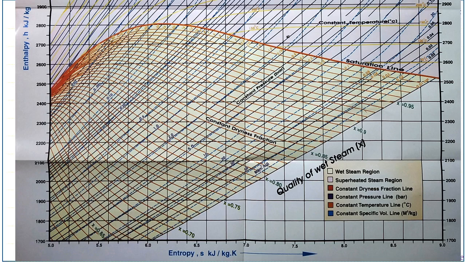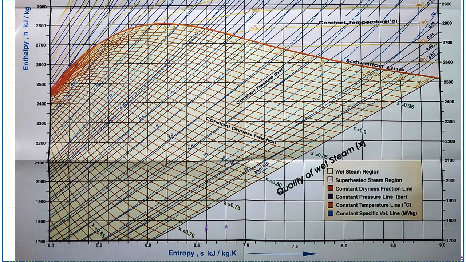As we have already discussed the lines on the Mollier chart, all the vertical lines represent constant entropy.